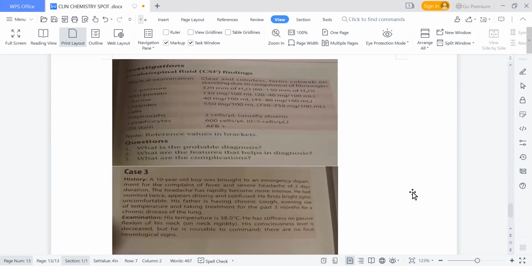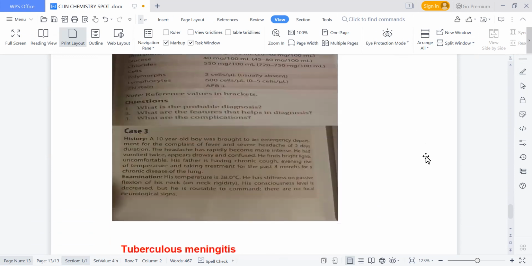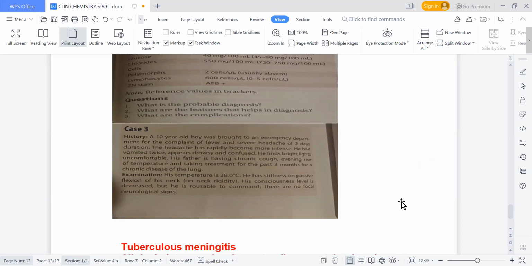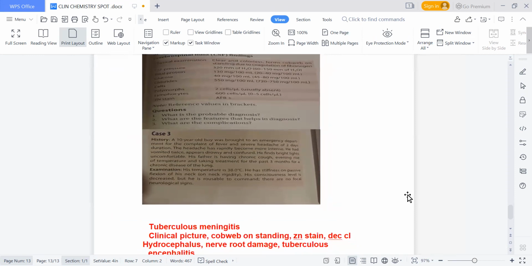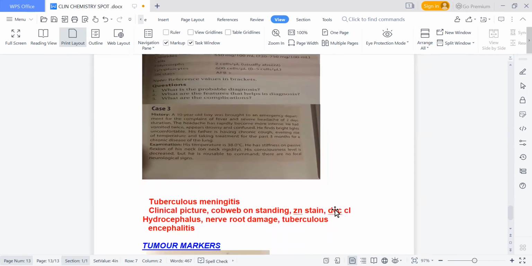So judging by these investigations, the probable diagnosis is tuberculous meningitis, supported by the positive staining of acid-fast bacilli. The complications of tuberculous meningitis are hydrocephalus, nerve root damage, and tuberculous encephalitis.